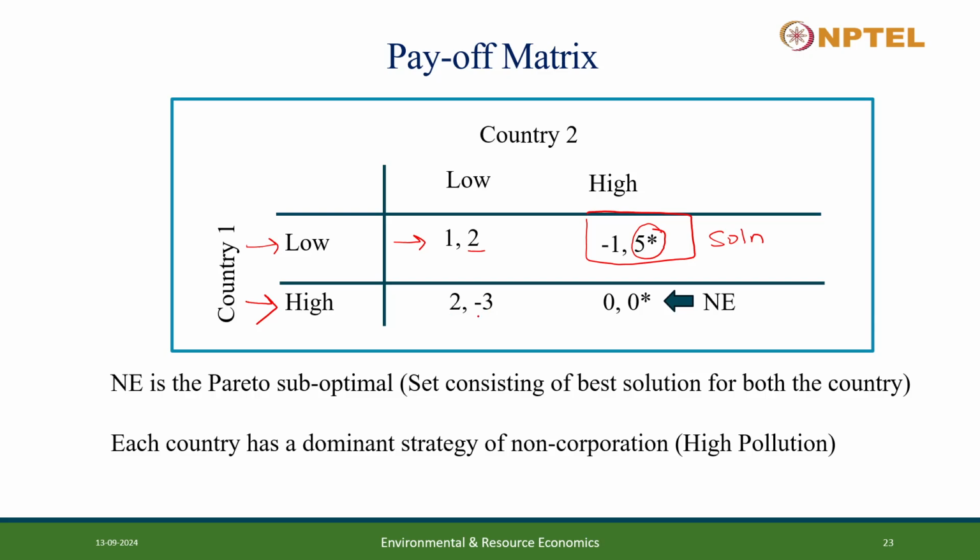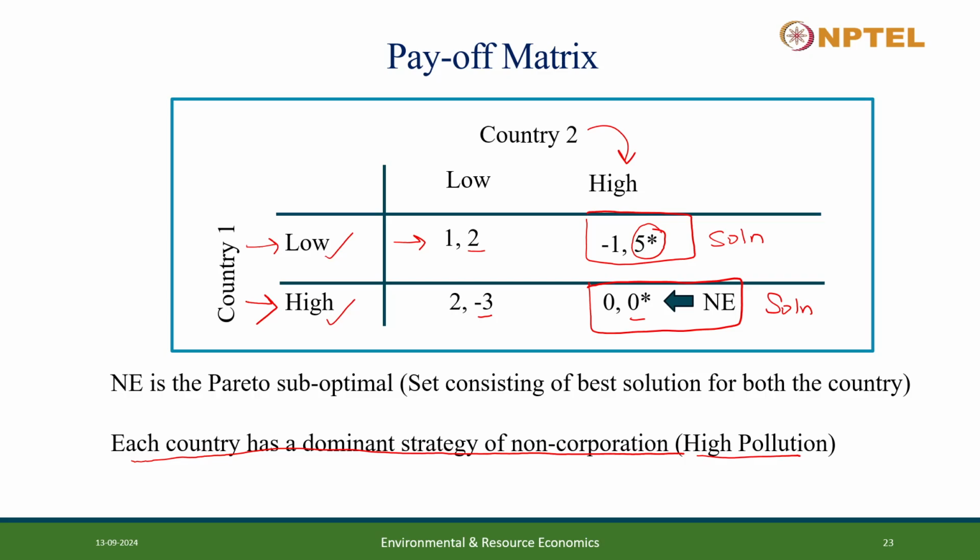For country 2, this is -1 and this is 0. So this is my solution. So in both cases, whether country 1 abates pollution or does not abate pollution, country 2 will always pollute higher. Each country has a dominant strategy of non-cooperation, that is high pollution, whether the other country cooperates or not.